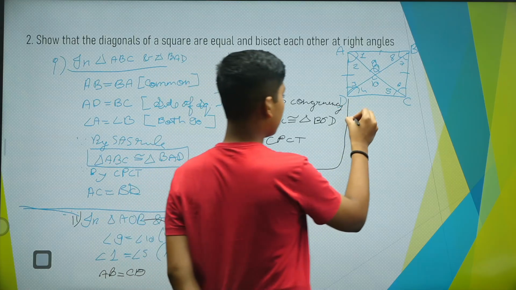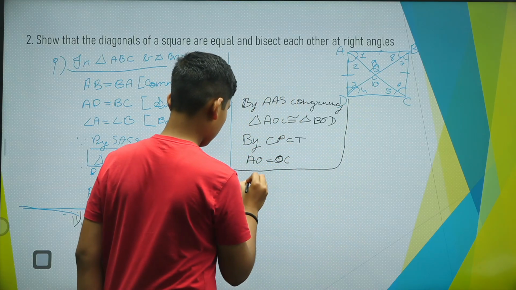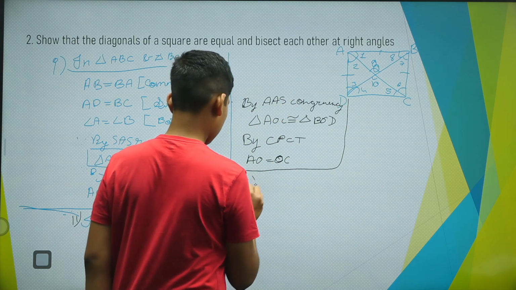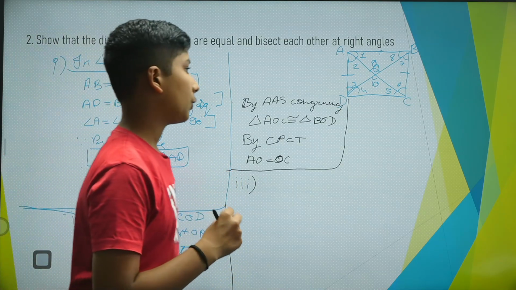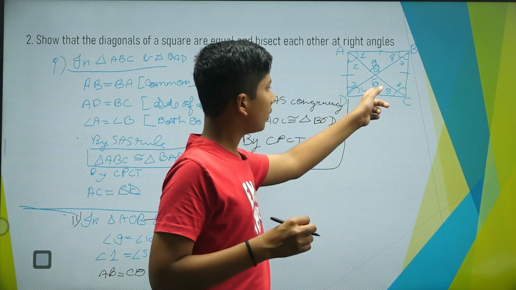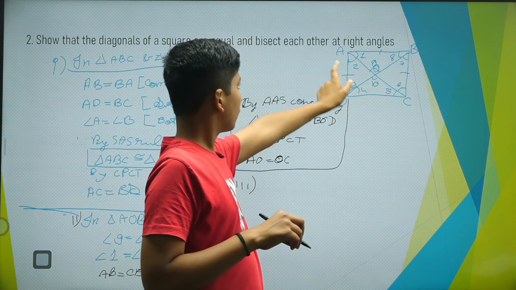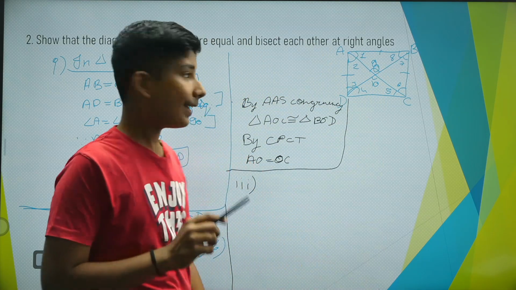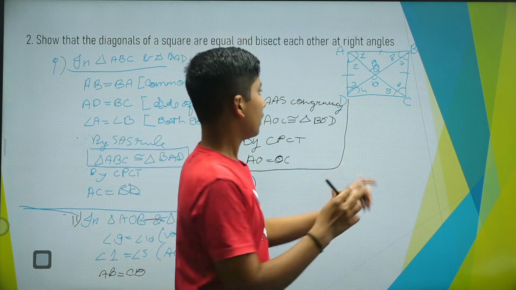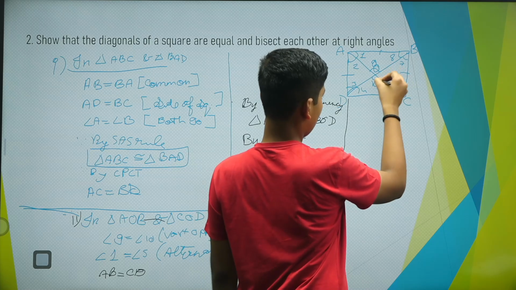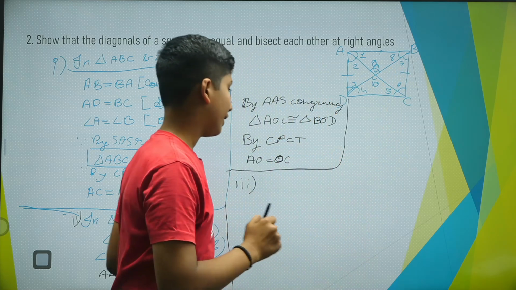Now third one. Now third one we'll have to see. First of all, we have to prove that they bisect each other at right angle. Right angle means 90 degrees. This angle 9, 10 and these two angles we have to prove 90 degrees.